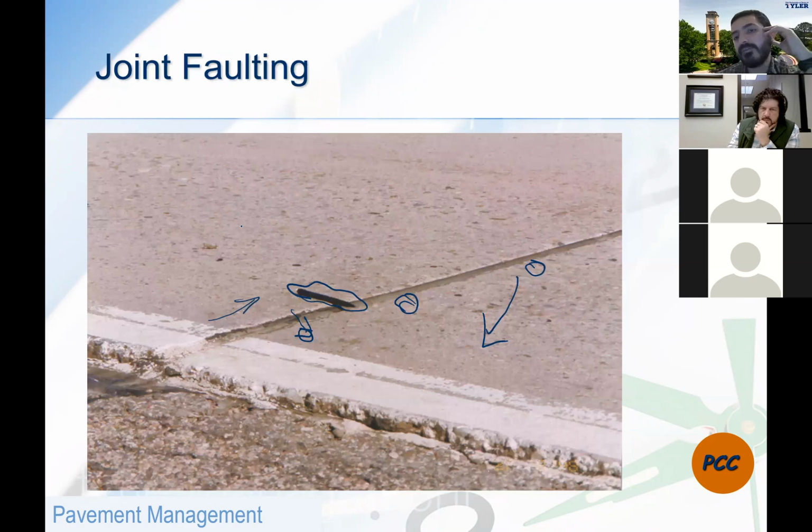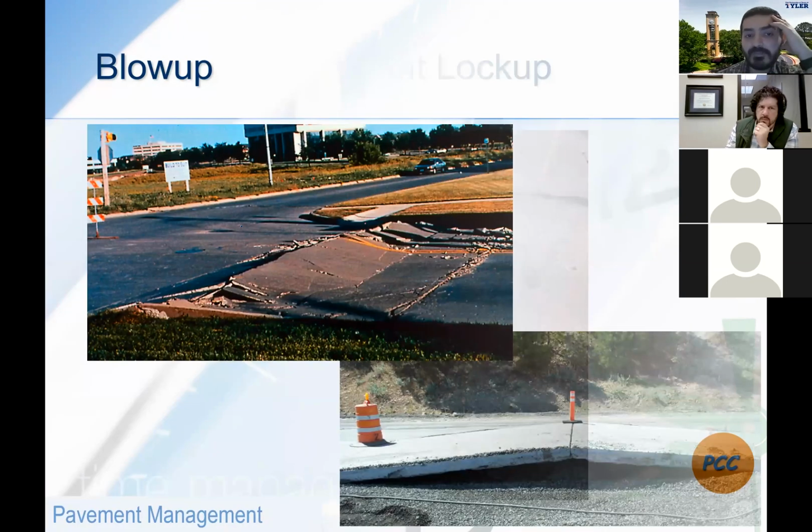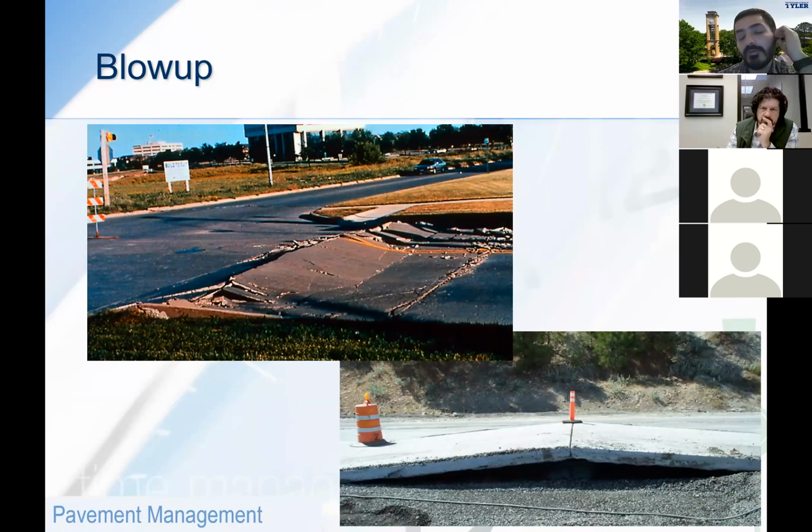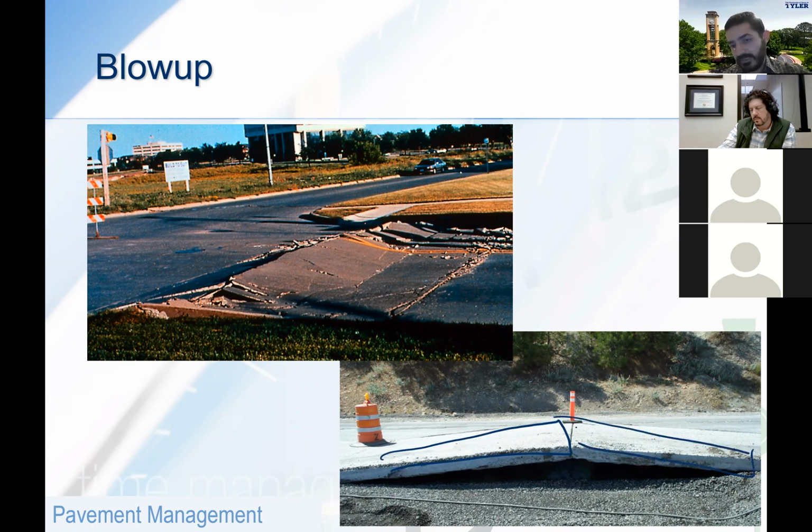If all of these are left for a long time, you're gonna end up with what we call blowups. Sometimes we call it buckling, but buckling we like to use that word more for columns and structures. Actually this is buckling in a horizontal direction, where the two slabs just can't live with each other anymore. So that's what happened in this picture.